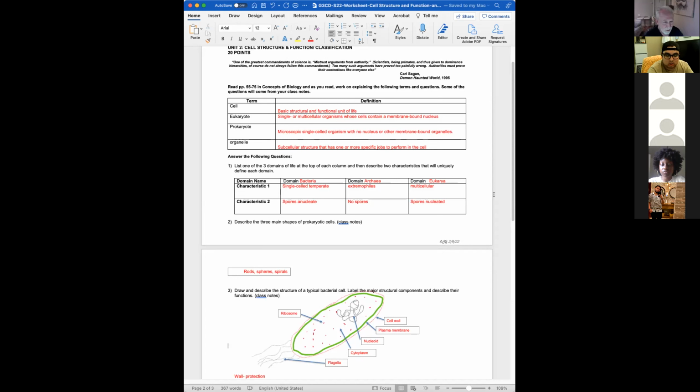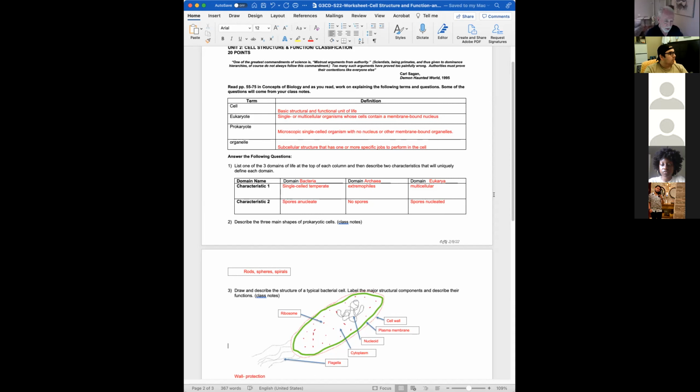And what I got, you can see here in red, comparing according to my characteristic one, bacteria are single-celled and live in temperate environments, whereas archaea are extremophiles and eukarya are multicellular. So by those three criteria, I thought that I could identify a unique characteristic.